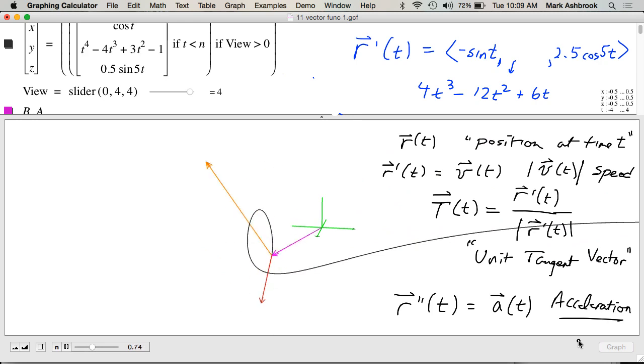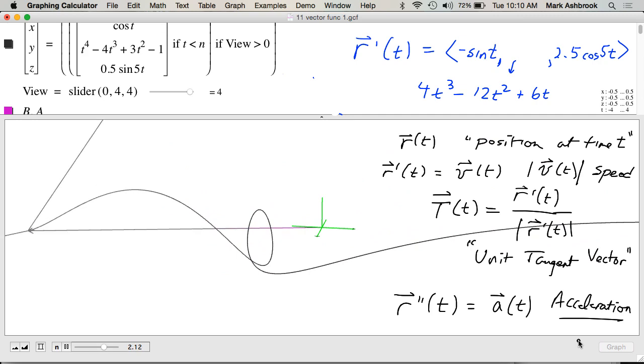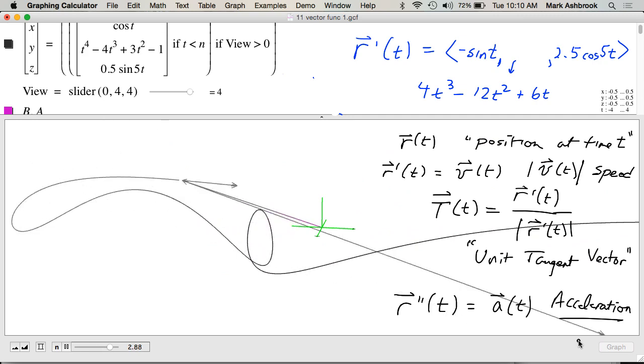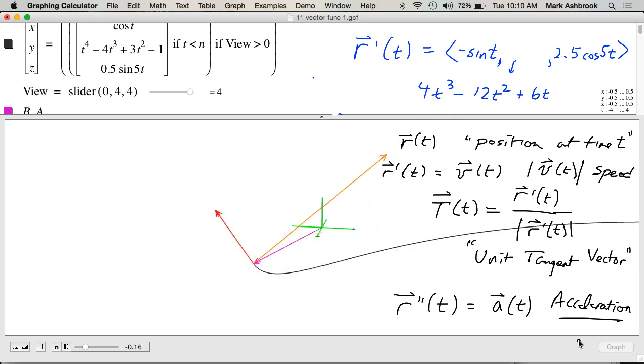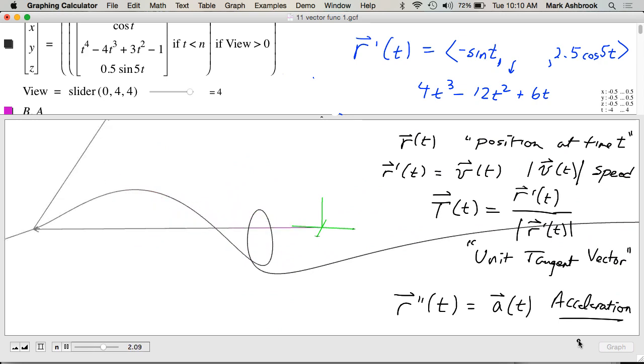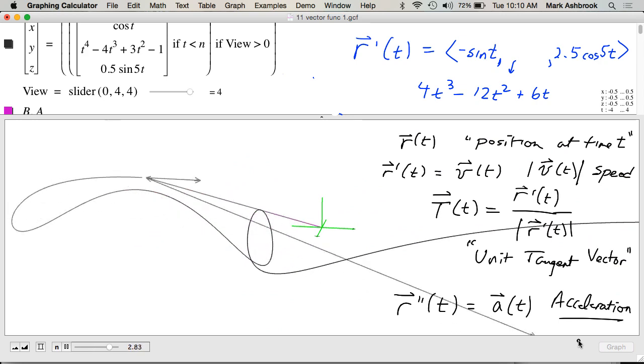Yeah, I think you're getting onto it. The reason is that acceleration has two components. There are two reasons you could accelerate. There's the easy way: speeding up or slowing down. But then there's something else that causes acceleration: turning.